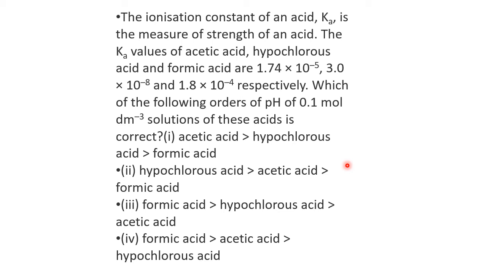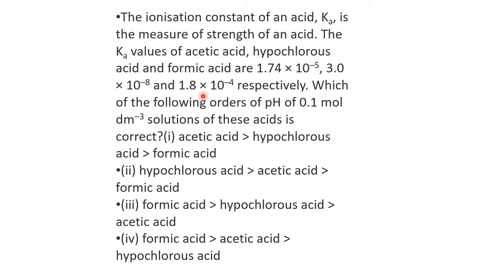Here, you have to conclude from the value of K the strength of an acid. What is the K value for formic acid? See here. There is formic acid, acetic, hypochlorous, formic at the end: 1.8 into 10 to the power minus 4.